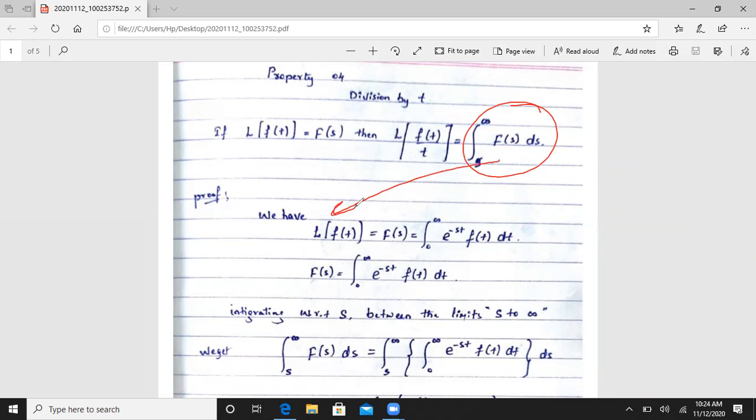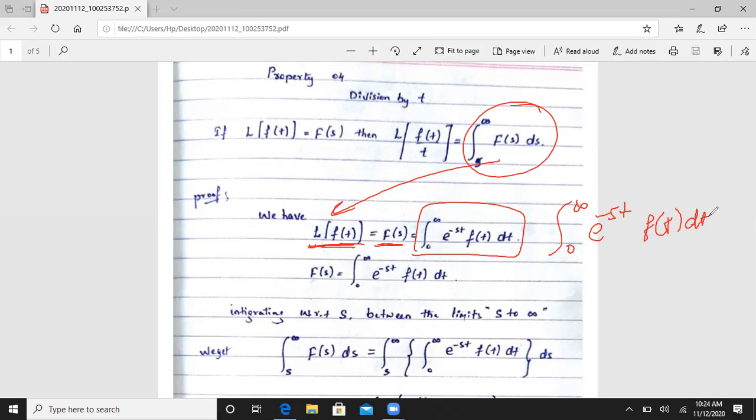First, our Laplace transformation definition: the Laplace transformation of f of t is equal to F of s, which is equal to the integration from 0 to infinity of e to the power minus st f of t dt.